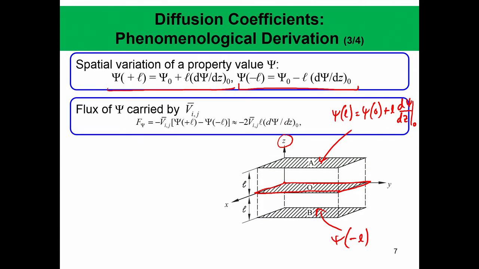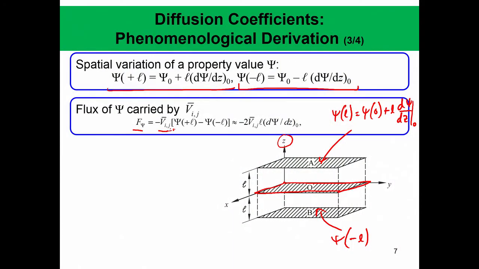And then the flux of this xi carried by the mean velocity, that is the average molecular velocity, is given by f xi, the flux of xi carried by mean Vij, equal to minus mean Vij. The minus sign comes because this flux is travelling from a region of high xi to a region of small xi.